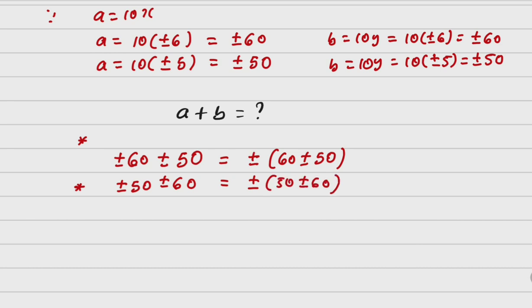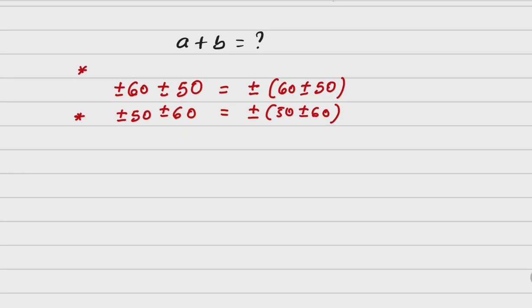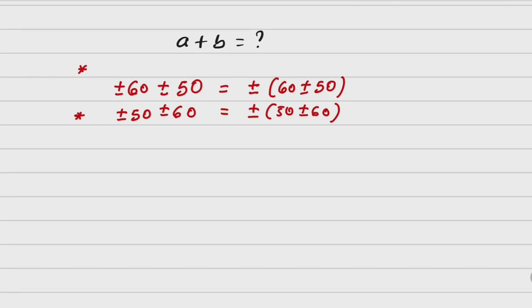Now, these two are virtually the same thing. But we can now make this conclusion that the answer will be plus minus 60 plus 50, or plus minus 60 minus 50.